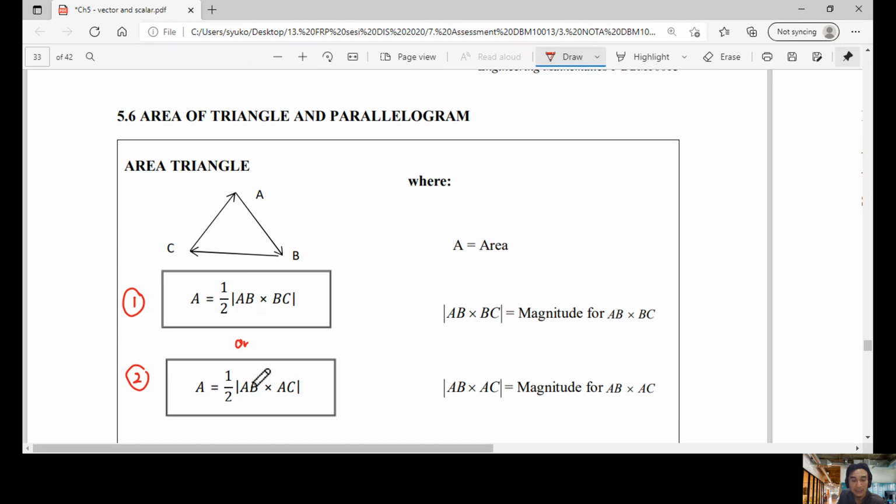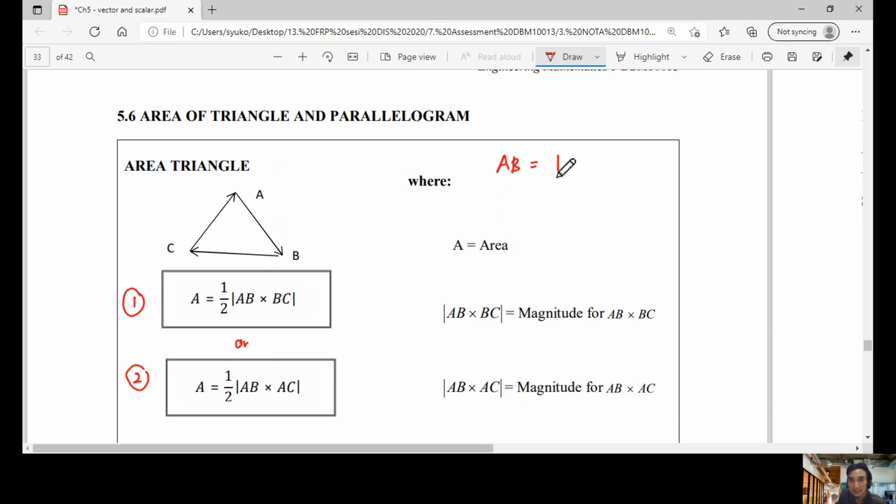Okay, the most important thing is awak kena tahu bentuk triangle. Kemudian daripada bentuk triangle ni kita akan gunakan formula, iaitu contohnya kita gunakan formula AB times BC. Means that kita kena cari AB terlebih dahulu. Okay, what is the vektor bagi AB?